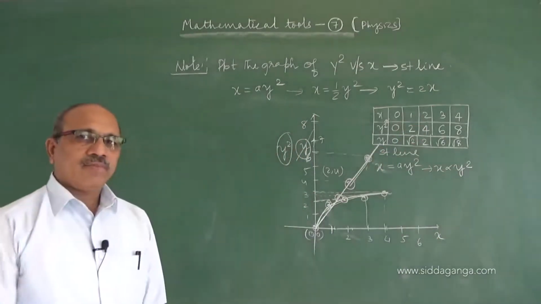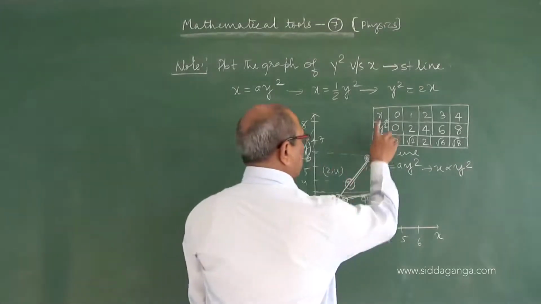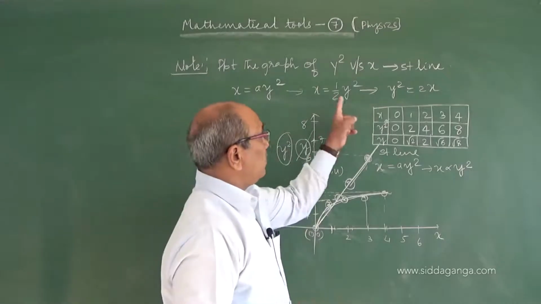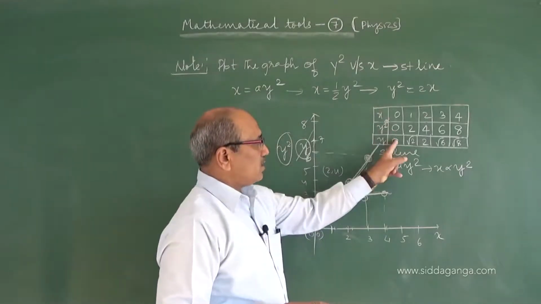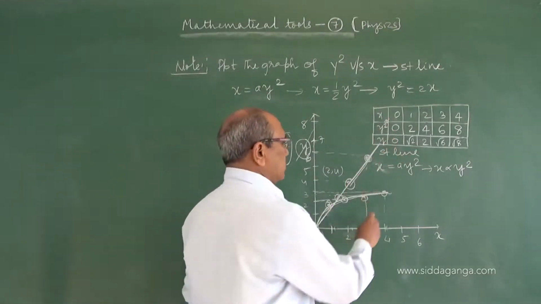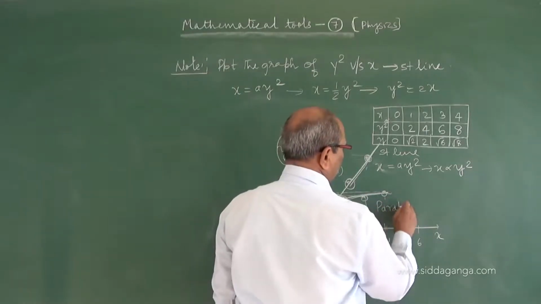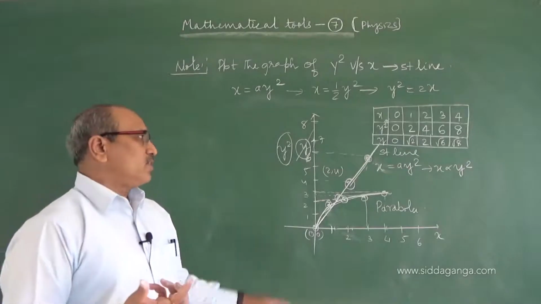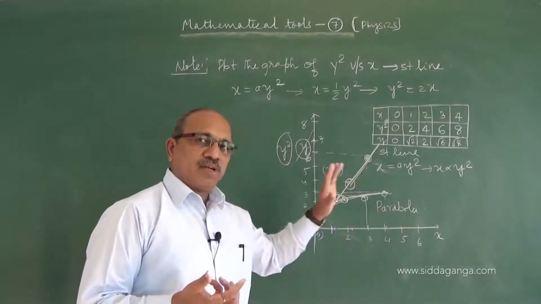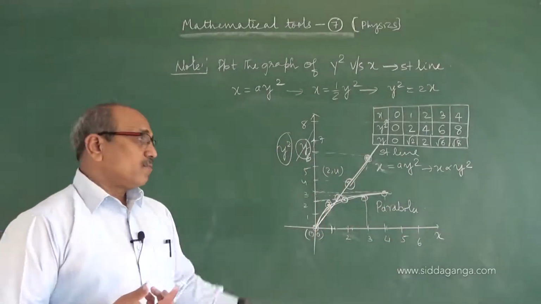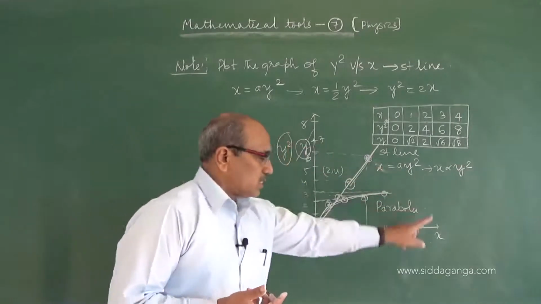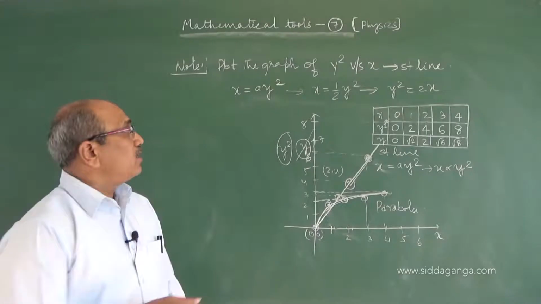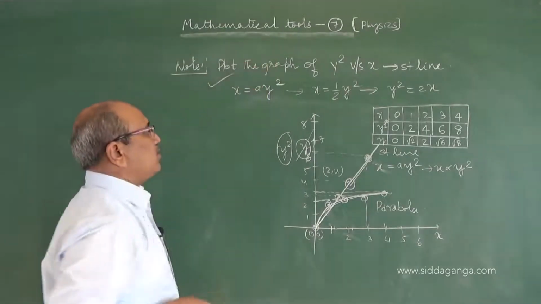Please remember, if you take y versus x for the same equation, it is a parabola. But if you plot y square versus x, the same graph will be converted into a straight line. Please remember this as an important note.